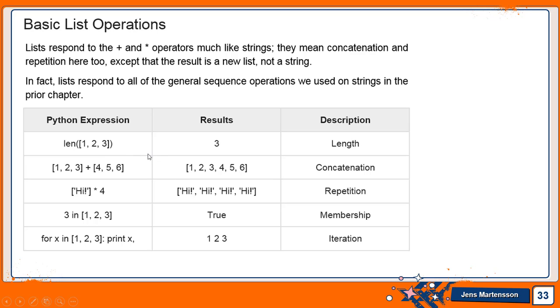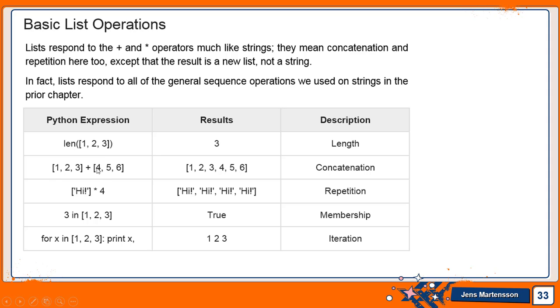These are some basic Python list operations. If you use len and the list, it will count the items of the list: 1, 2, 3. The result is 3. This is the length. You can add a list to another list.